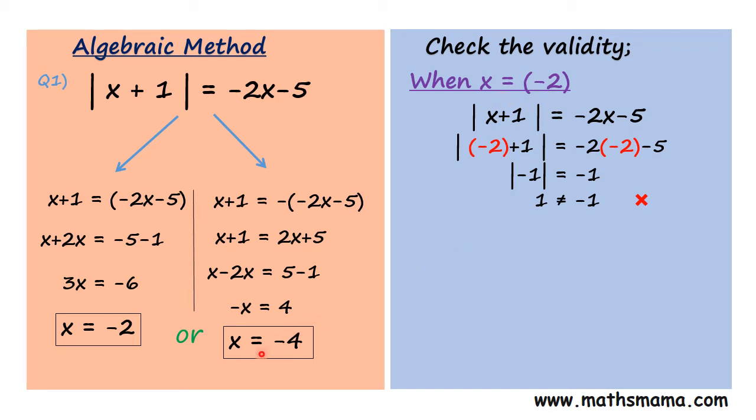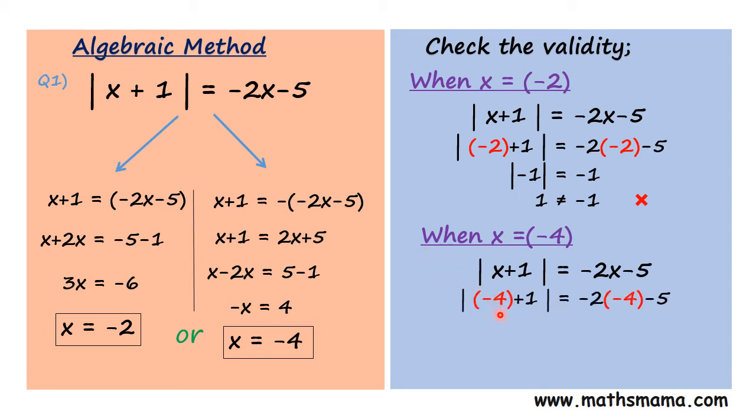So we'll move on to the second solution, x equal to negative 4. When you substitute in the original equation, on this side we get negative 4 plus 1, and we take the modulus of that. On the other side we get negative 2 times negative 4 minus 5.